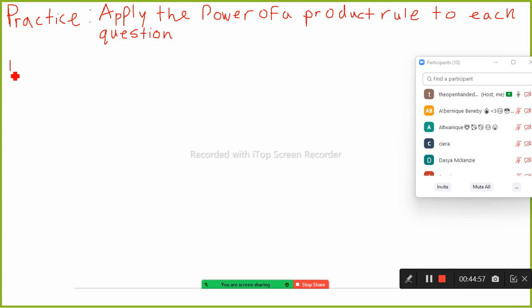And so let's say, very simply, we have 3 times 4 all raised to the power of 5. And let's say we have P R to the power of 7.